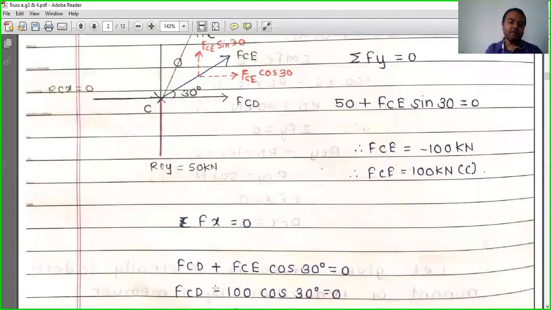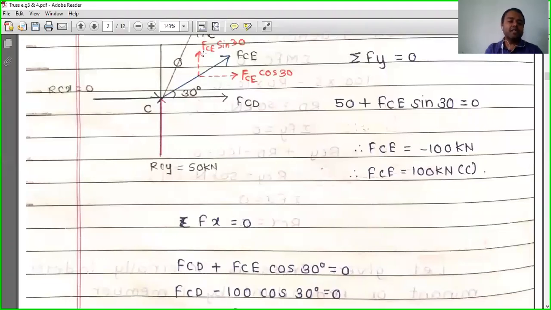Because first of all, we have assumed the direction. To this assumed direction diagram, we have applied summation Fy equal to 0, and by application of this, we got the answer minus first.